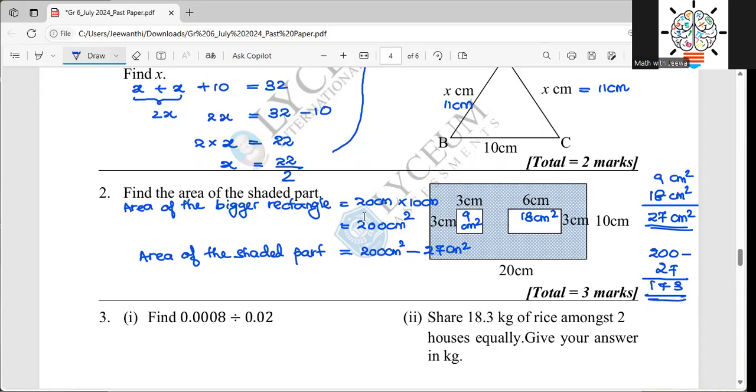And here 1, right? So after getting the answer, you want to transfer it to the correct place. So here I write 173 centimeters squared. Okay, the area of the shaded part is 173 centimeters squared.